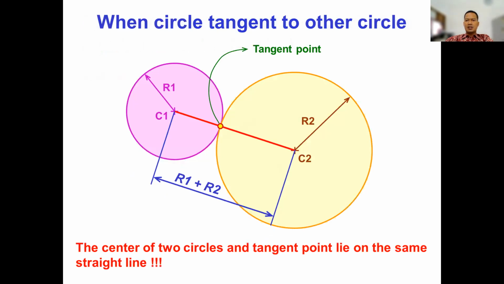When the circle tangent to another circle, for example, here we have a tangent point from two circles, and we have R1 and R2. The center of two circles and tangent point lie on the same straight line.